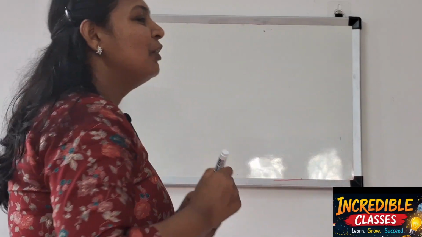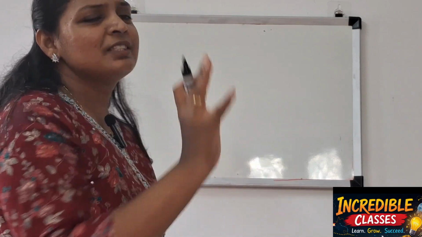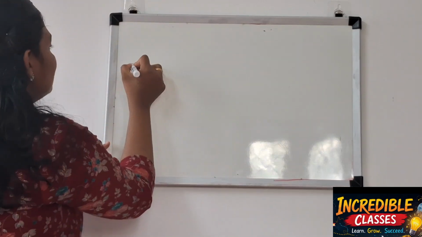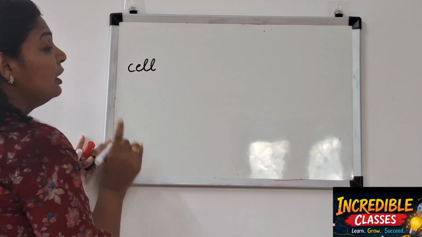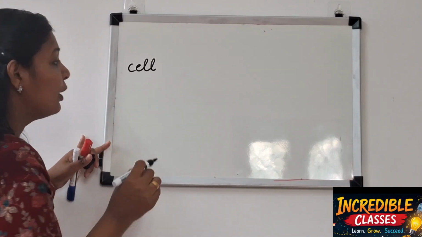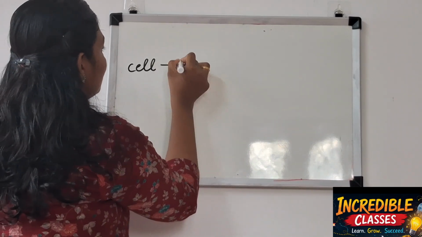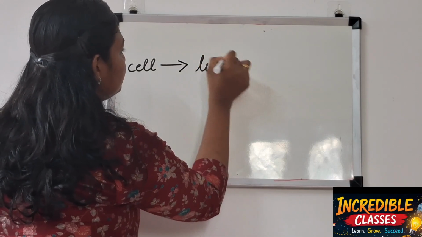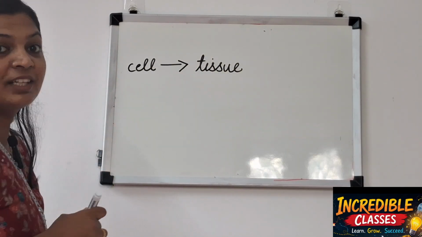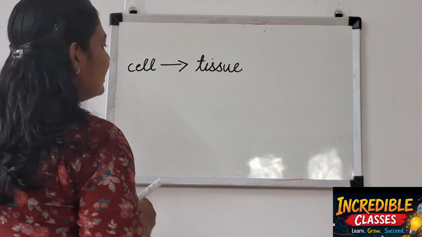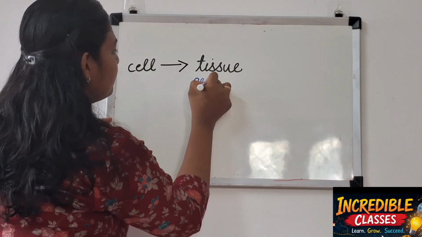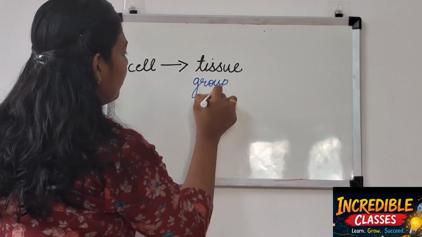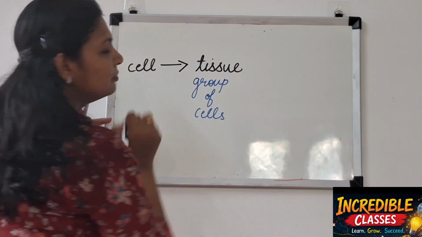For example, when a group of cells join together, we call it a tissue. What is a tissue? Tissue is nothing but a group of cells.